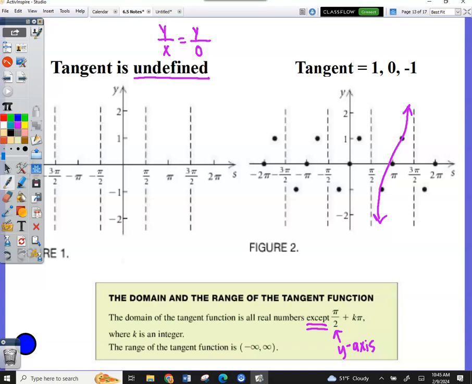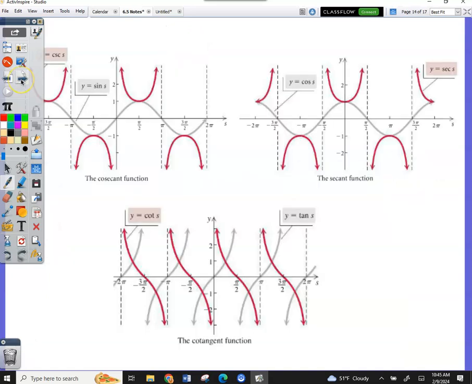Now, this next slide that I'm going to show you is a one and done. We're going to look at it, we're going to talk about it, and then it won't come up again. This slide is showing you the co-function graphs, like the reciprocal of sine, which is in red. The reciprocal of cosine is in red.